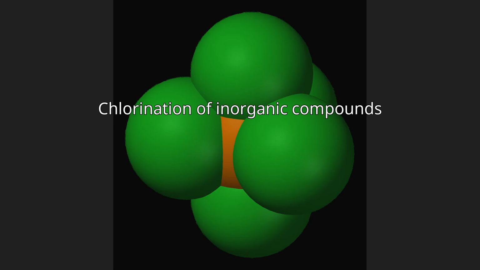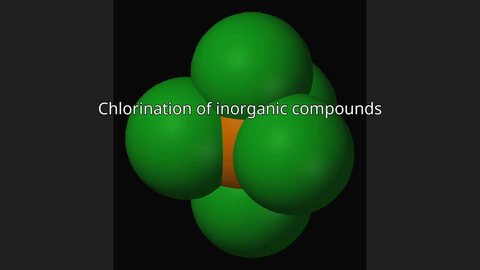Chlorination of inorganic compounds. As for the reactions with organic compounds, the use of PCl5 has been superseded by SO2Cl2. The reaction of phosphorus pentoxide and PCl5 produces POCl3: 6 PCl5 plus P4O10 gives 10 POCl3.